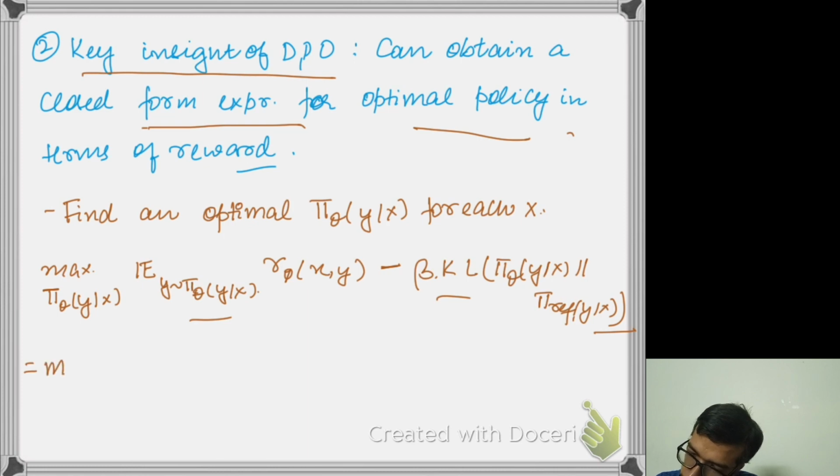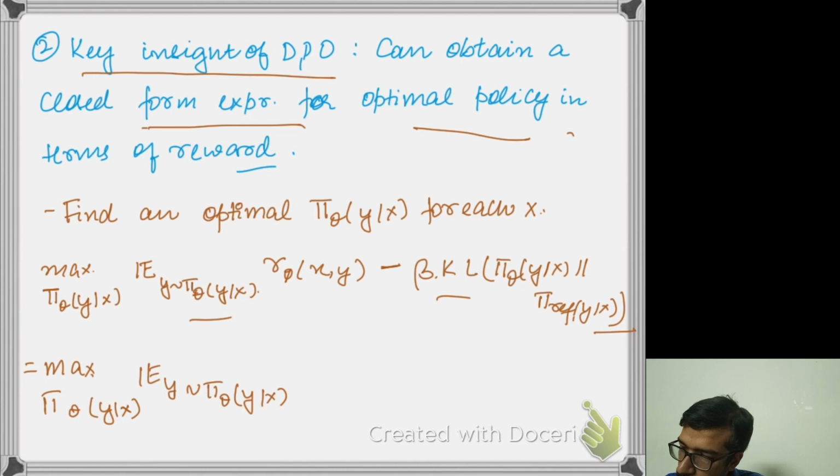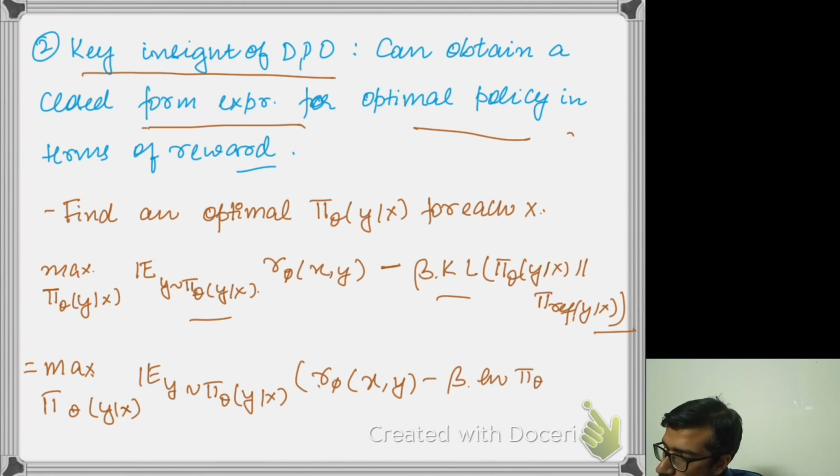So we can write it as a maximization over pi theta of y given x, expectation of y sampled from pi theta of y given x of r phi of x, y minus beta times log of pi theta of y given x over pi ref of y given x.